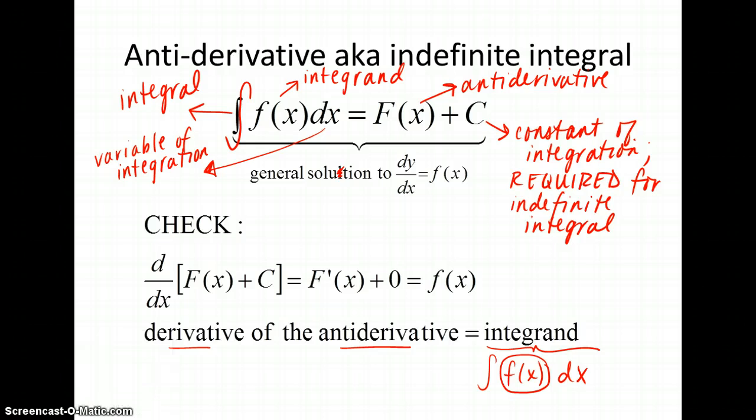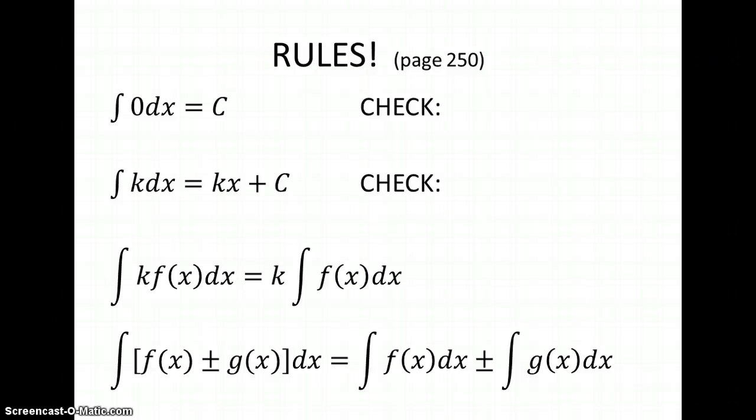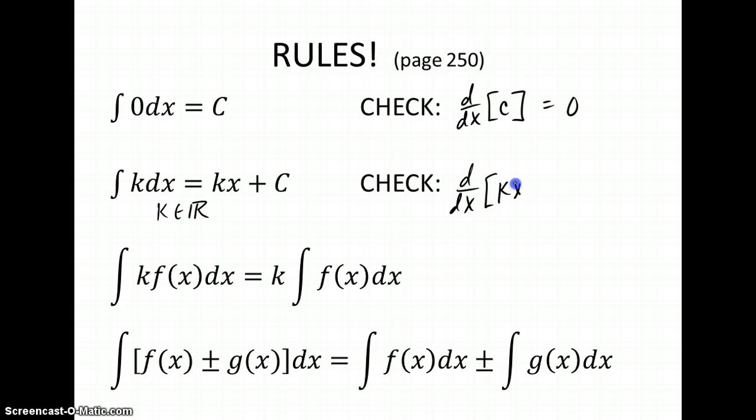Let's look at some examples. Rules first. The integral of 0 is C. How can you check an antiderivative? By taking the derivative. What's the derivative of any constant? 0. The integral of k, where k is any real number: the integral of just a constant is that constant times whatever variable we're integrating with respect to, plus C. You'll see that all of our antiderivatives have a plus C. Why is this true?